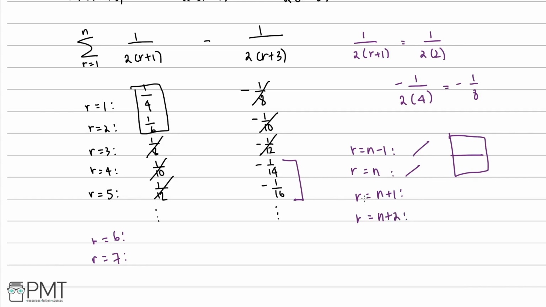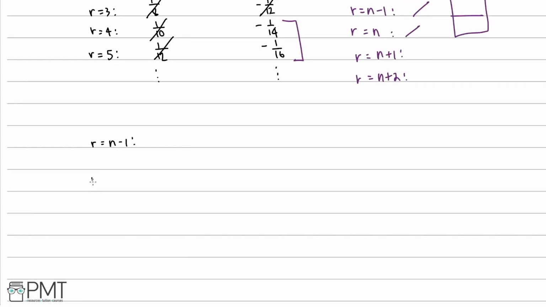However, because r equal to n plus 1 and r equal to n plus 2 are not in our sum, these terms are the remaining terms of our sequence. As such, we know that the leftover terms are when r is equal to n minus 1 and r is equal to n. Now when r is equal to n minus 1, these two terms will cancel, but these two terms won't, so we need to figure it out.